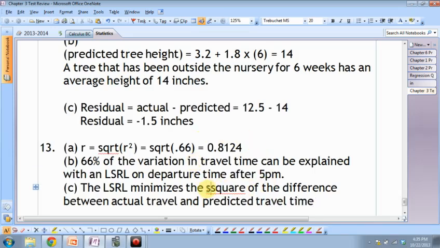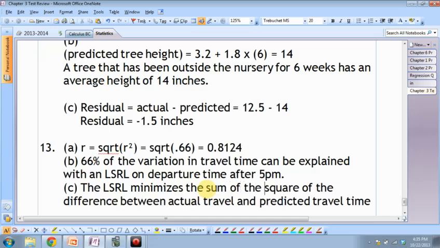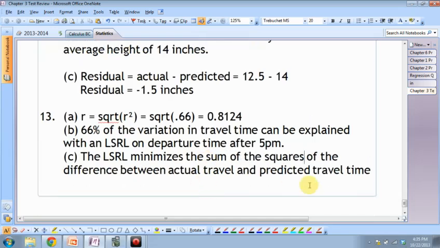You're right, it's the sum of the squares. Can something be minimized if it's not resistant? I mean, if it is resistant? No, it still would be minimized.